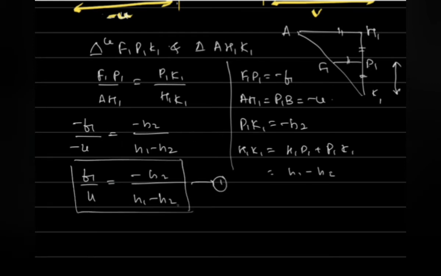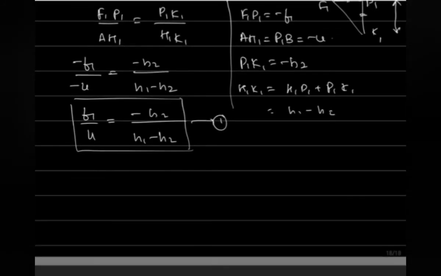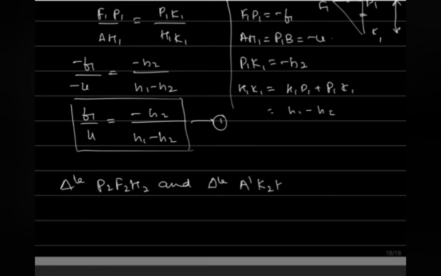So now we'll consider another two triangles which are from the emergent ray. That is nothing but the triangle P2 F2 H2 and triangle A dash K2 H2.